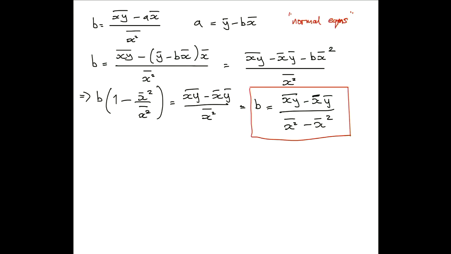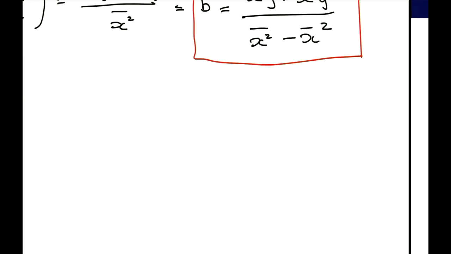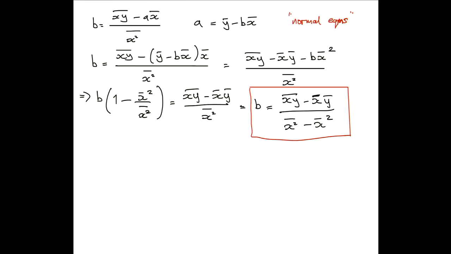Where it's minus bracket y bar minus b x bar, when you expand it out, the minus y and the x bar is minus x bar y bar, but then the minus times the minus b should be a plus b. Yeah, you mean this, right?